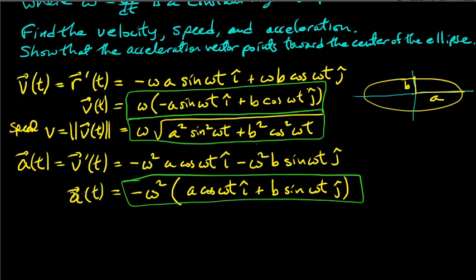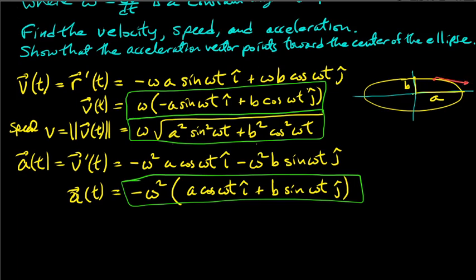If you want the magnitude of the acceleration, just do the same thing we did for the speed. Take the magnitude of this vector, take the square root of the sum of the squares of the components. Oh, and we want to show that the acceleration vector points toward the center of the ellipse. So if we were to draw at a given point here, let's say right here, the velocity vector will be something like this.